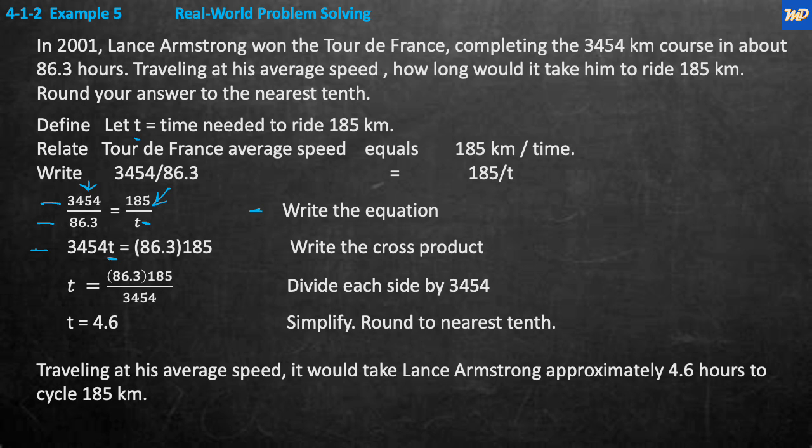When we simplify this, we end up with t being equal to 4.6 hours. That's rounded to the nearest tenth. So traveling at his average speed, it would take Lance Armstrong approximately 4.6 hours to cycle 185 kilometers.